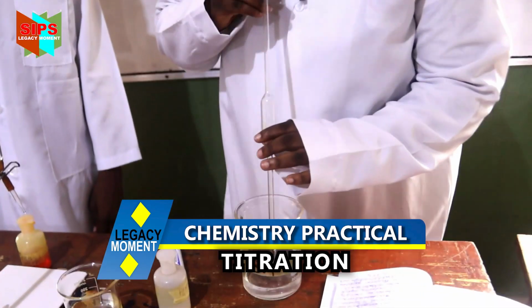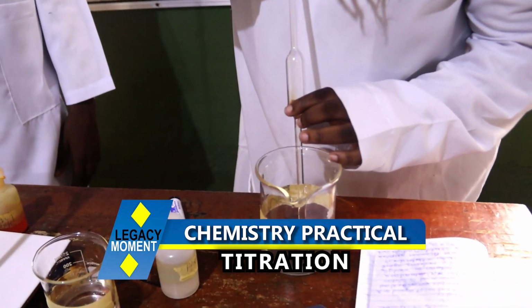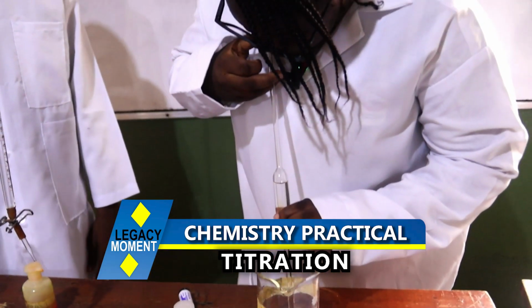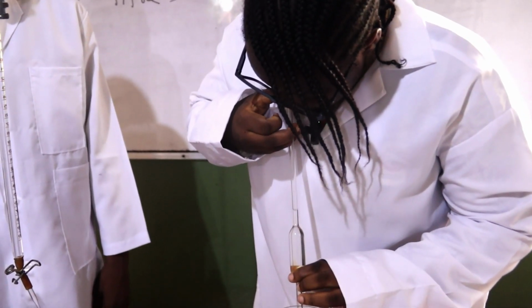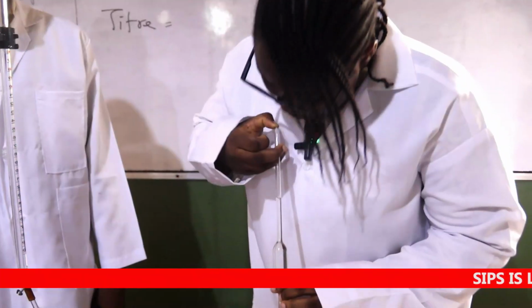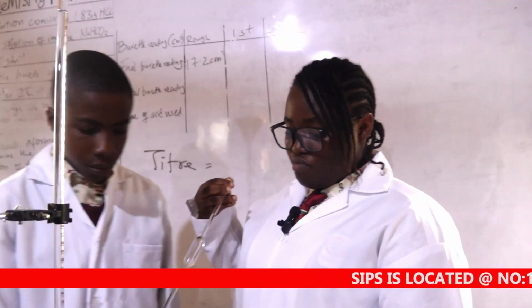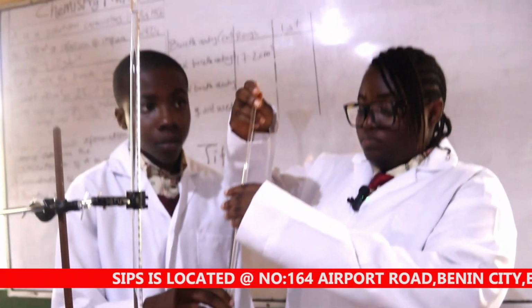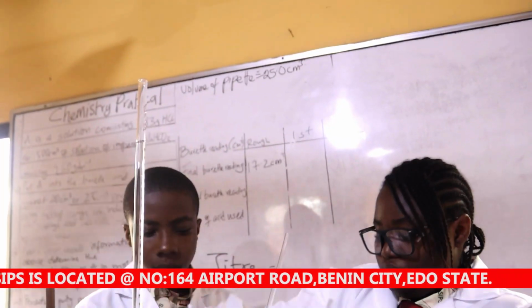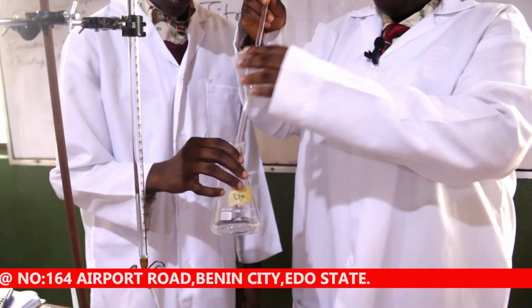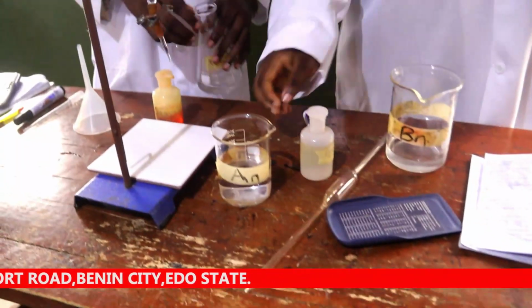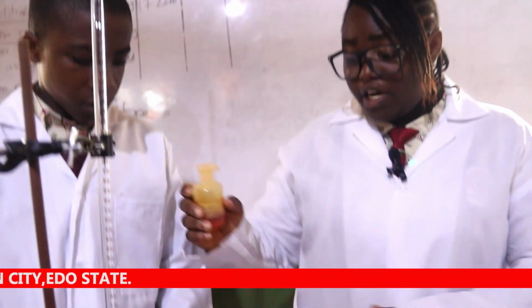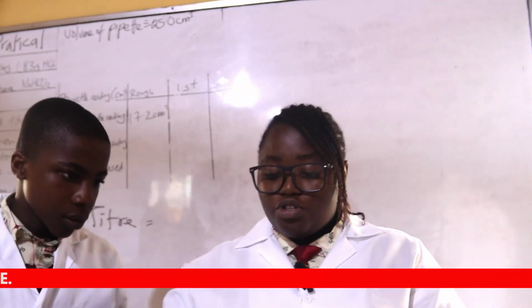Now we prepare the base. Now we add our indicator, methyl orange, 2 to 3 drops.